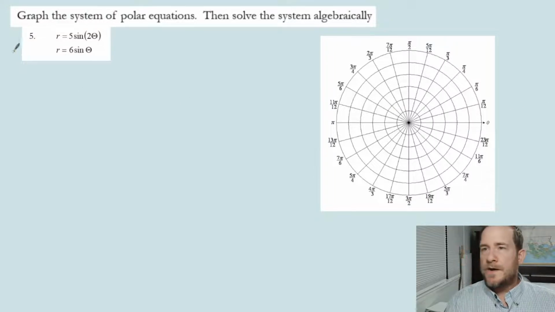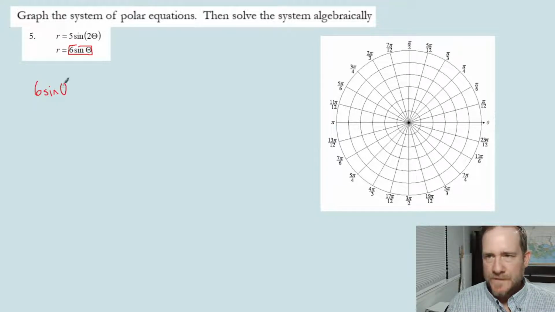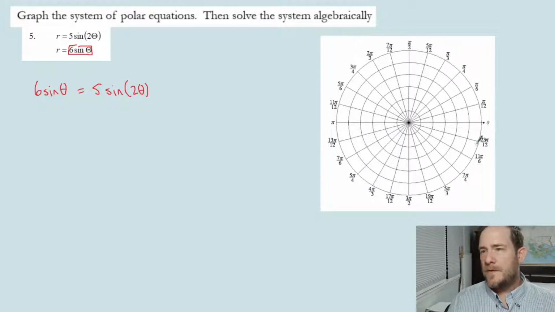All right, this is going to be the same deal. Just take this guy, plug it in. You get 6 sine theta equal to 5 sine of 2 theta. And to solve this, you're pretty much going to have to use the double angle identity.